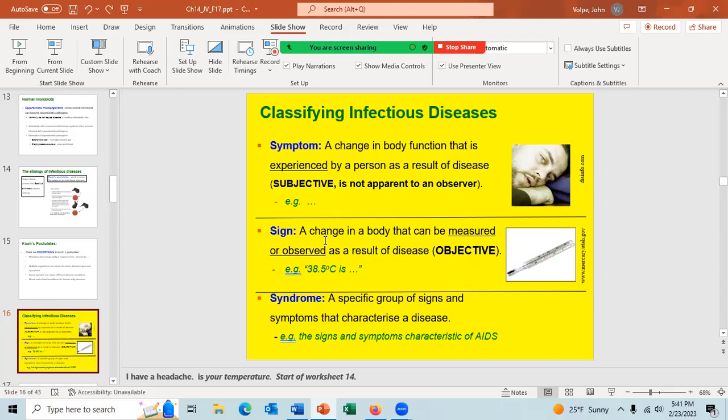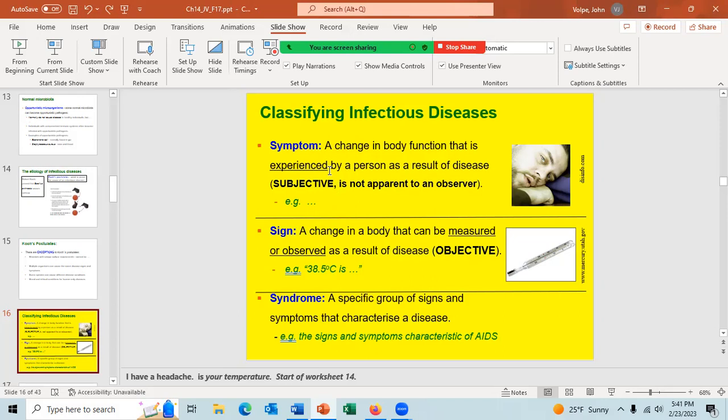Now, usually the sign and the symptom are used this way by textbooks, but even clinicians, as well as the general public, use the two terms interchangeably. And that isn't correct, but I'm just going to warn you that many people use these two terms interchangeably.